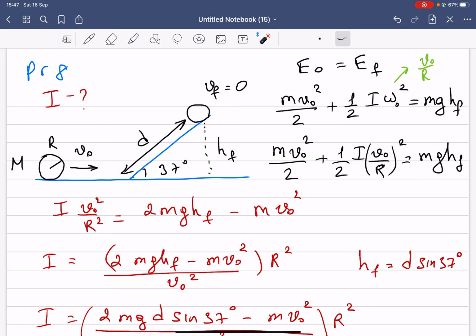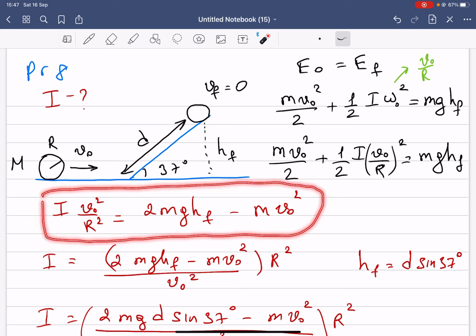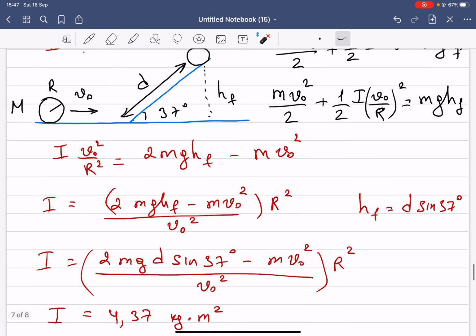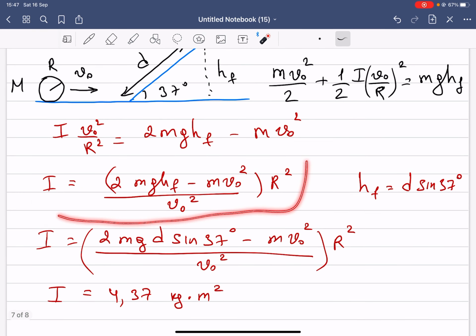From here, first let's find the moment of inertia, where it shortens to this formula: I v initial squared over r squared equals m g h final minus m v initial squared over 2. From there, to find I, r squared multiplies here, and v initial squared divides by this, so we end up with this formula.